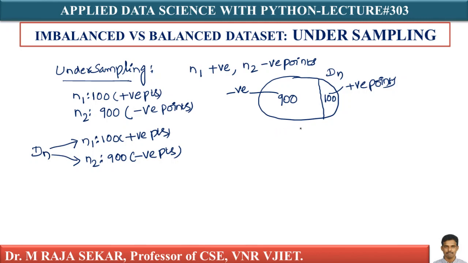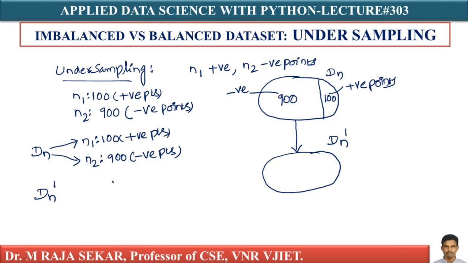I am constructing a data set Dn dash from data set Dn. Let me say this is my Dn dash. I will create a new data set Dn dash, wherein we take the non-dominating class.